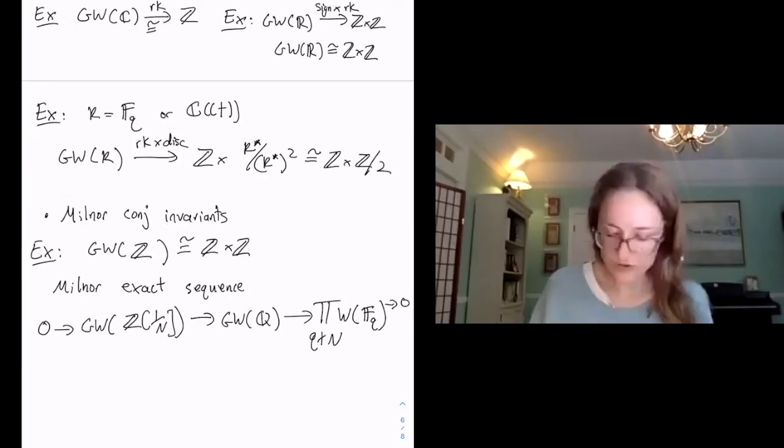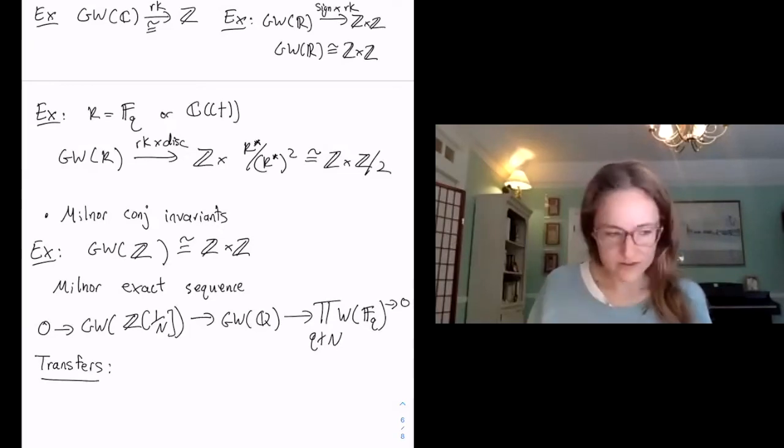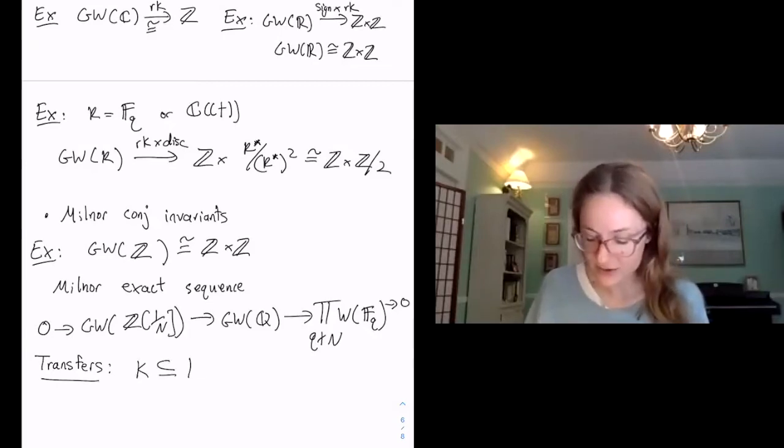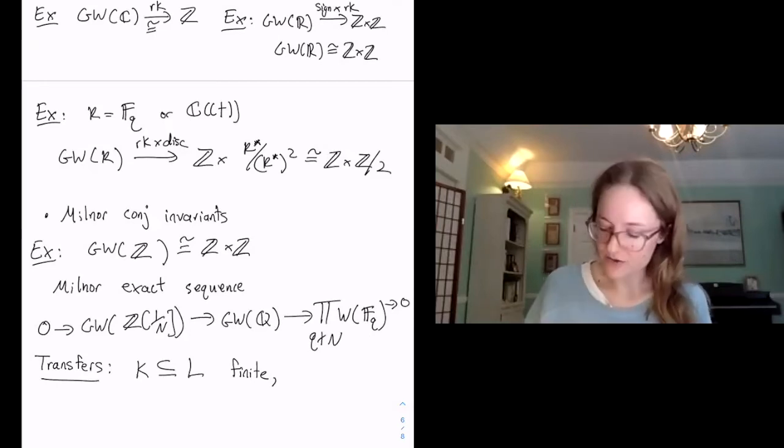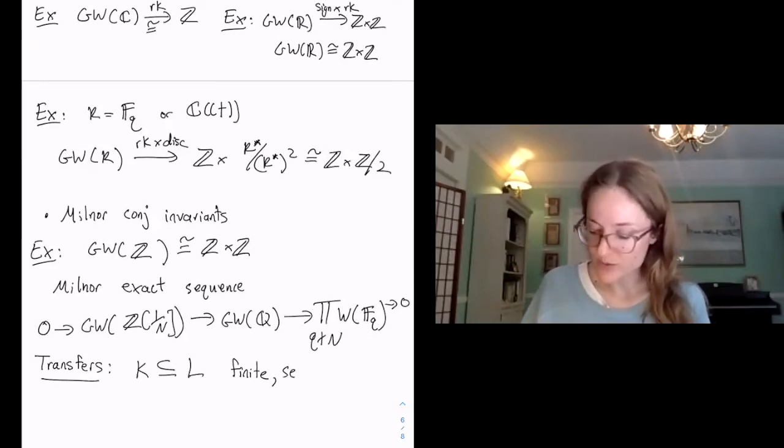The last thing we'll need to state results is explicitly giving transfers. The only thing we'll need to write down theorems is transfers for an extension of fields L over K that we can assume to be finite separable, because the Dębar-Manivel result will say that our zero locus is smooth and so corresponds to separable extensions.